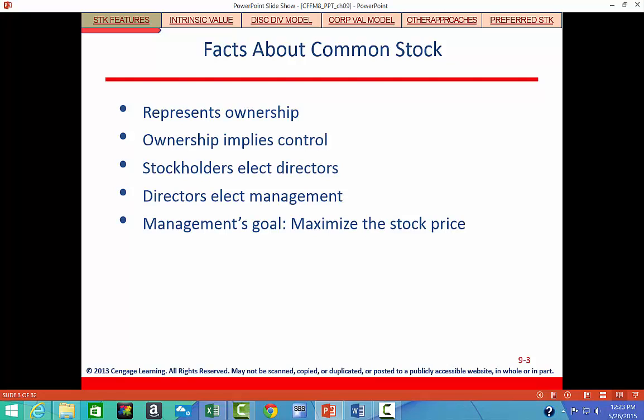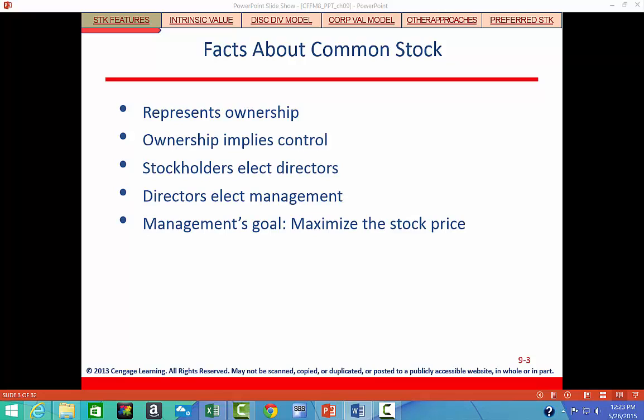And then common stockholders often have the right, called the preemptive right, to purchase any additional shares sold by the firm. So if the firm is going to offer a new share issuance into the market, it should allow shareholders who have this preemptive right to purchase a percentage of the new issuance so that they can maintain their same ownership percentage in the firm.